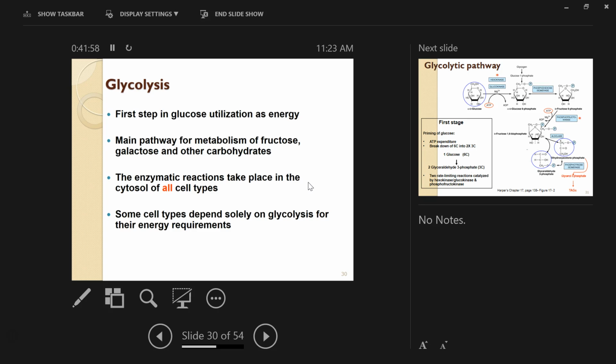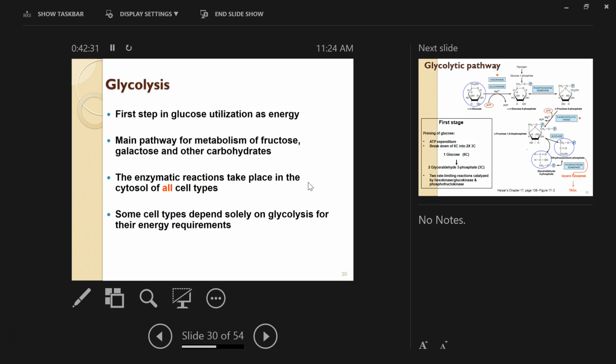Glycolysis is the first step in glucose utilization as energy. So it's also the main pathway for metabolism of fructose, galactose, and other carbohydrates. And the enzymatic reactions can take place in the cytosol of all cell types. So any type of cells in the body are able to pick up glucose and oxidize glucose for energy, right?